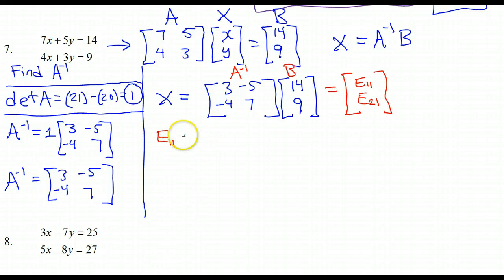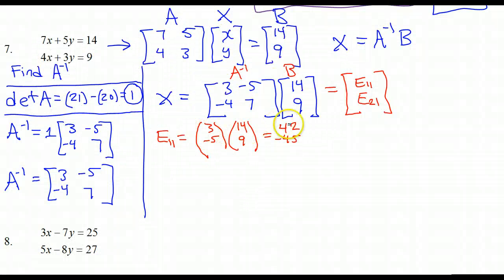So let's start with element 1, 1. Element 1, 1, that's going to be row 1, so 3, -5, times column 1. So that's our 14 and our 9. Alright, so that's going to be 42 and -45, we're multiplying, and when we add those together, that's going to give us -3. Okay, so that is our first element.